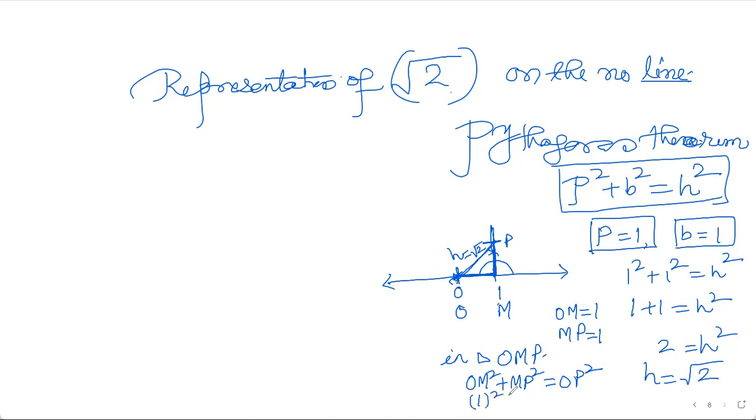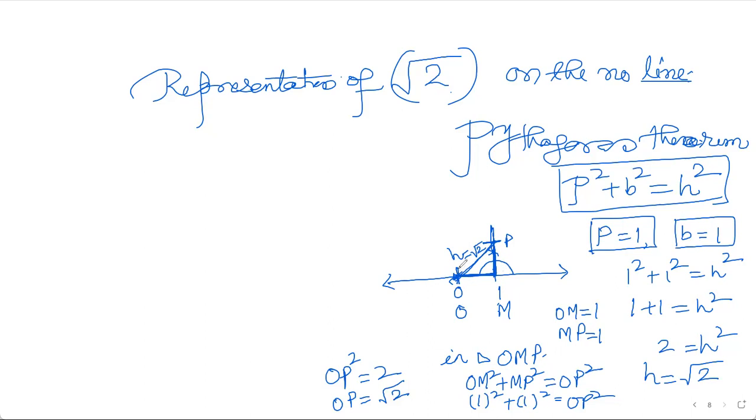As I have written here, 1 square plus 1 square is OP square. So OP square is 2, so OP, the hypotenuse, is root 2. The square root of 2 is represented by OP.